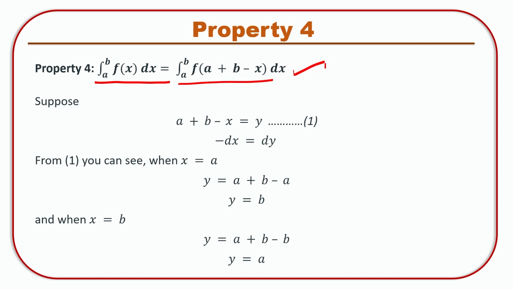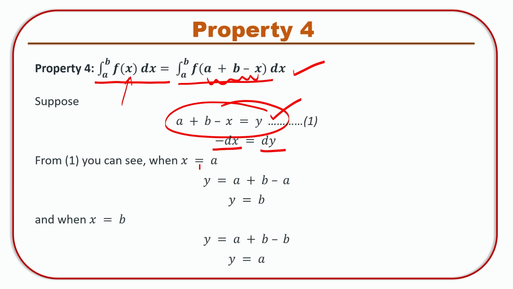Here x was the only variable, and now the argument has been changed to the sum of the limits minus x. To prove this property, let us suppose that a plus b minus x is equal to y and take the derivative on both sides. So this is minus dx, and this becomes dy.